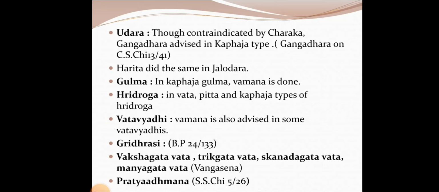In Kaphaja Gulma, Vamana can be done. And in Hridroga, Vata, Pitta and Kaphaja types of Hridroga, Vamana is mentioned as a treatment. In Vata Vyadhi, some of Vata Vyadhis in Gridhrasi, Vaksha Gatavata, Trika Gatavata, Skandha Gatavata, Manya Gatavata, that is mentioned by Vangasena. In Pratyagmana also, Vamana is a treatment mentioned by Sushrutacharya.